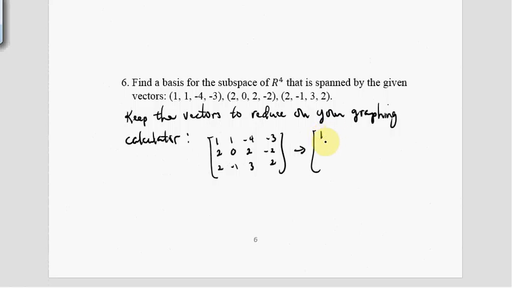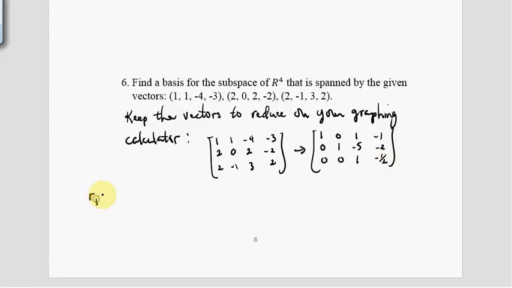Reduced down to 1, 0, 0, 0, 1, 0, 1, negative 5, 1, negative 1, negative 2, negative 1/2.